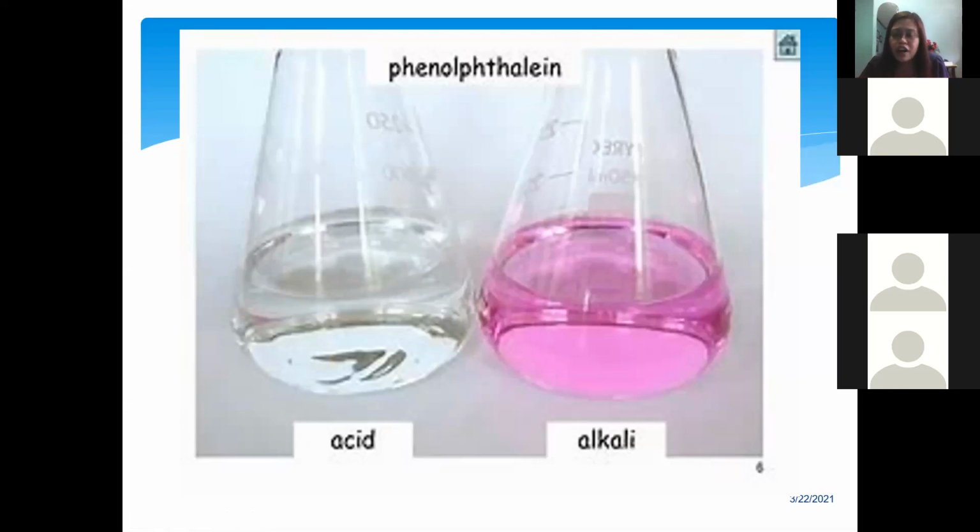Remember, vinegar is made up of acetic acid, so most likely it is acidic. Phenolphthalein has no color. But if you add phenolphthalein to an alkali or basic solution, its color changes and it becomes pink. So that is the use of our indicators. Questions, class?